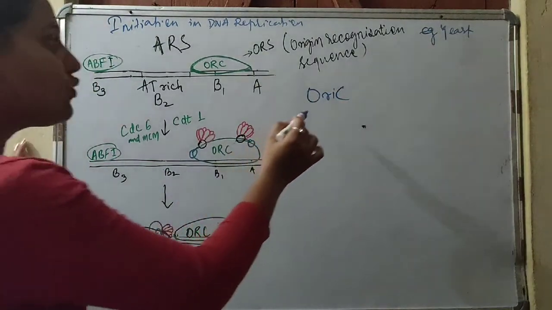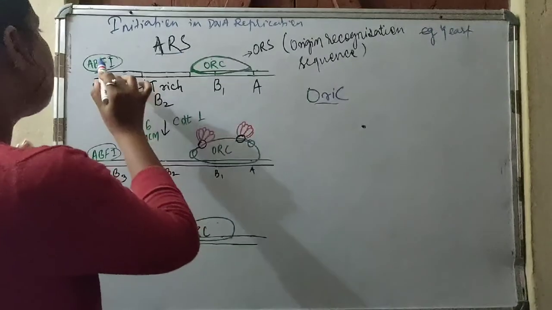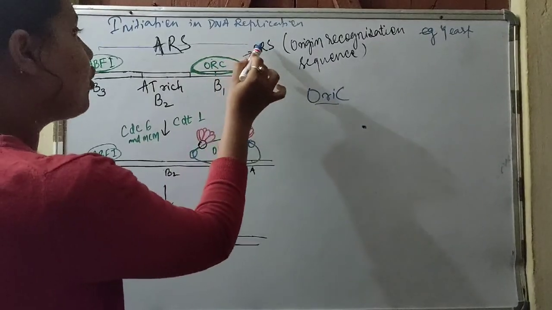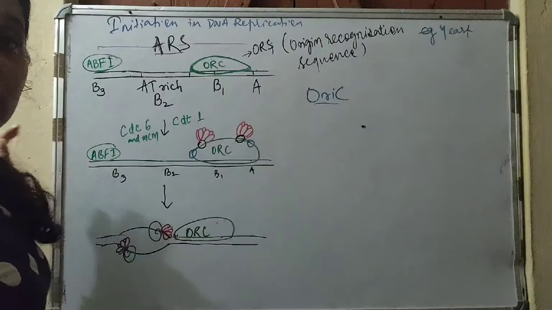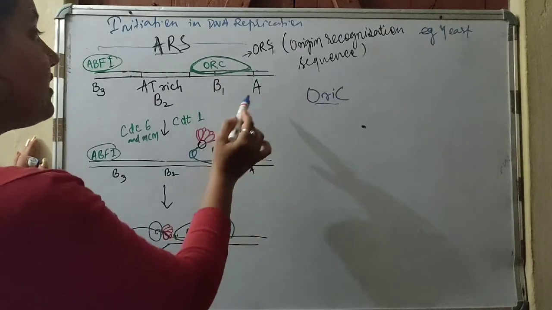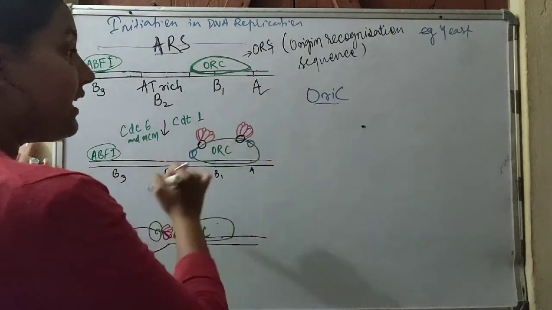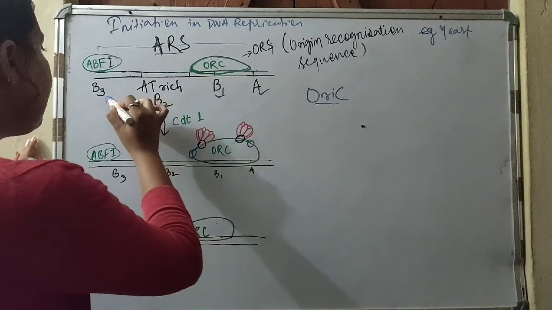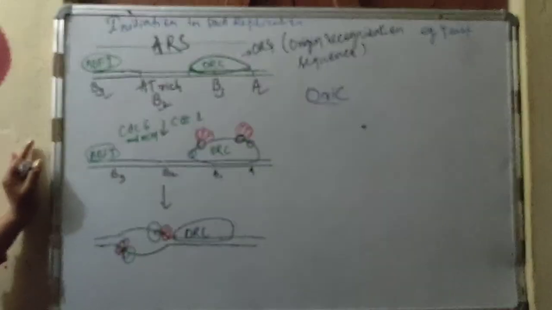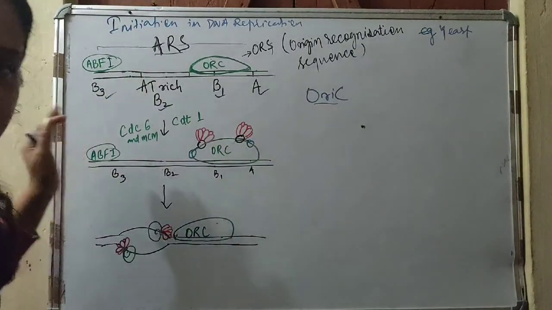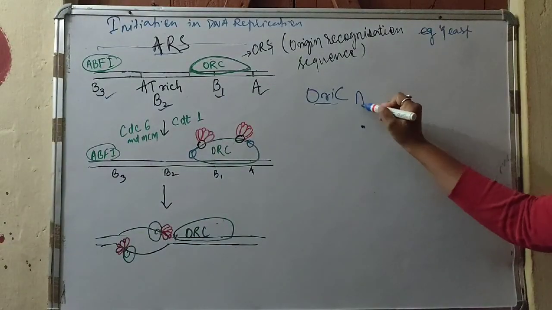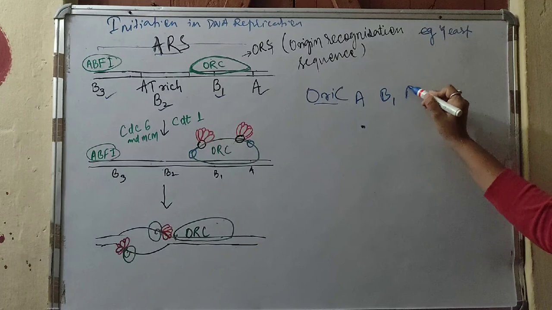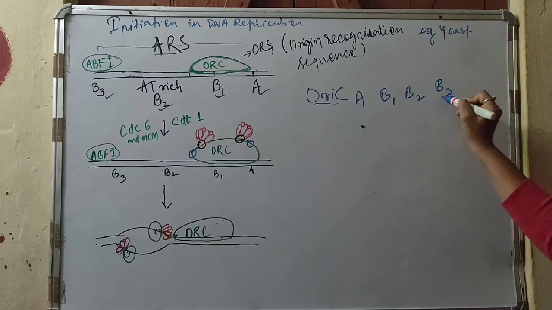This whole sequence is the autonomously replicating sequence, and within it there are domains A, B1, B2 and B3. Alright, within the autonomously replicating sequence there are domains A, B1, B2 and B3.